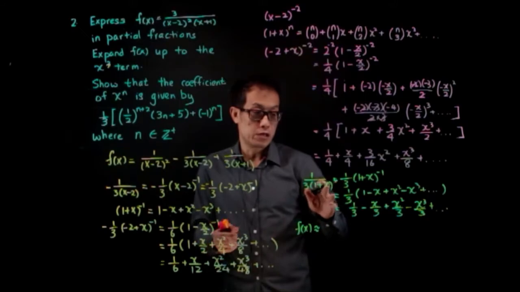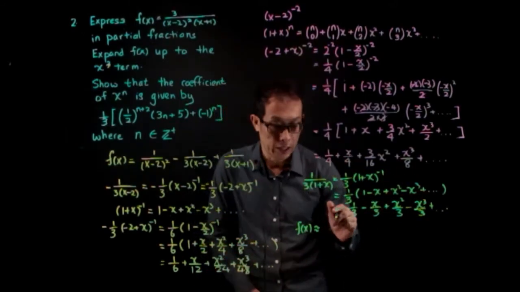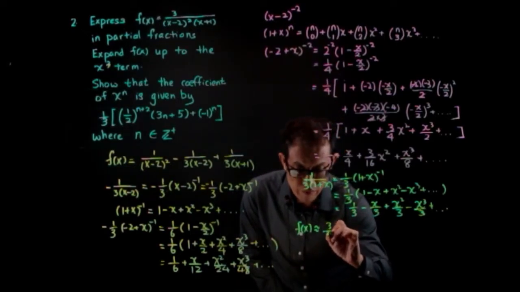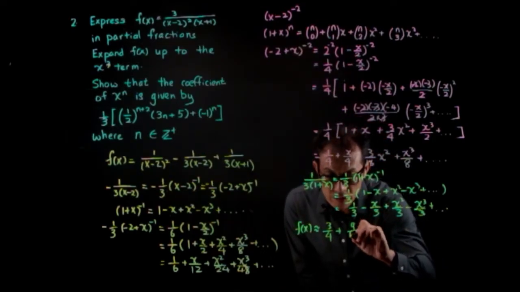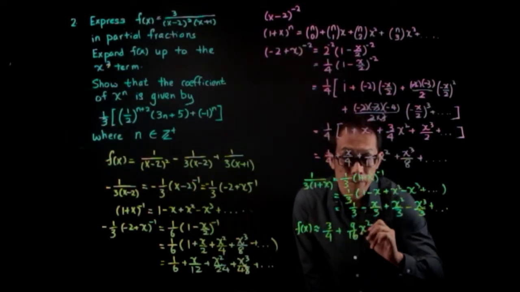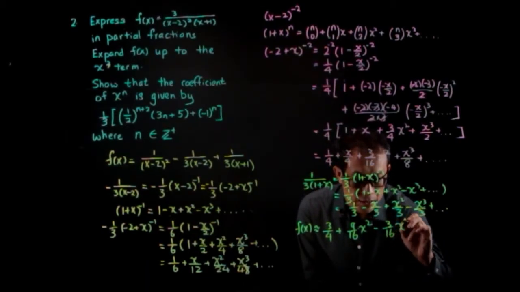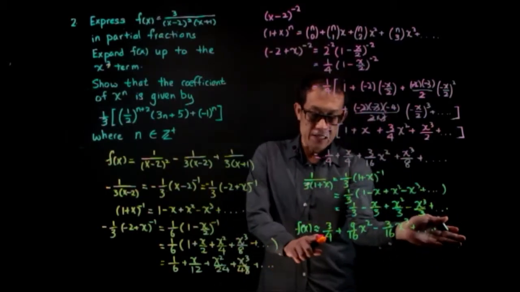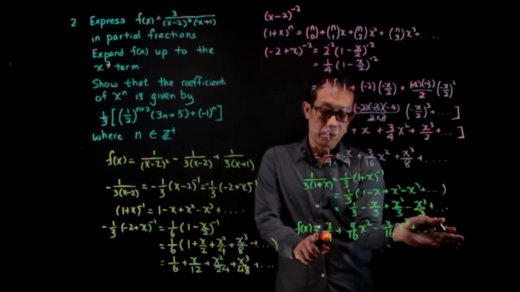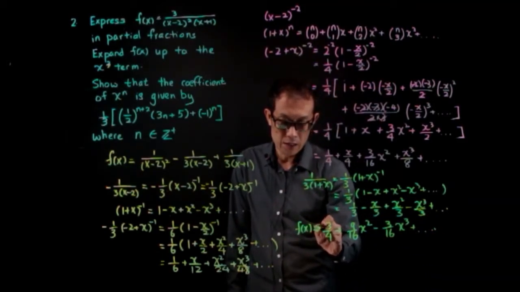Now I will not bore you with the detailed working, but if you add all these up, you will get 3 over 4 plus 9 over 16 x squared minus 3 over 16 x cubed plus. You can leave the answer as this. If you leave the answer as this, then this will be approximate. If you add the dot dot dot, then this will be equal.